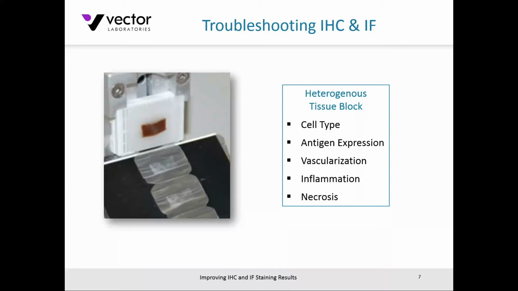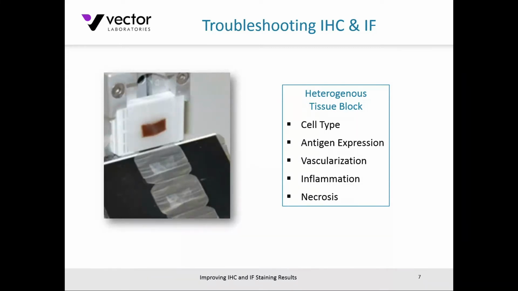There could be varying levels of antigen expression as you cut into a block, and indeed vascularization, whether it be angiogenesis or neovascularization, really introducing more erythrocytes, for example, that may have more peroxidase activity associated with it. Just to give you an example of that, whether it be a xenograft model or tumor model, something like that.